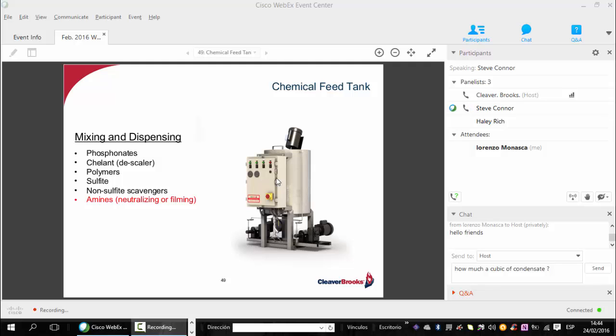We also still need a chemical feed system in the boiler room to dispense needed chemicals as prescribed by a reputable water treatment expert, including an amine treatment program metered into the steam line. And once the steam condenses, it greatly mitigates the possibility of this carbonic acid attack in the condensate return lines.